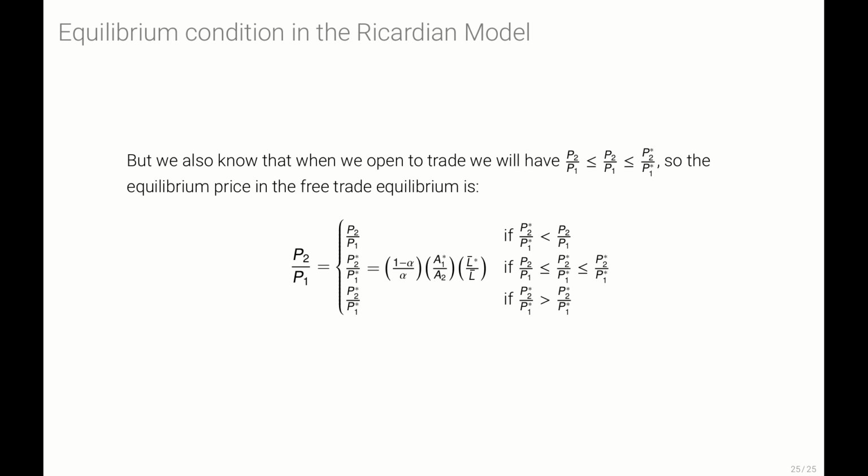Okay, and that should be what we have on the slides, and it looks like it is. But recall that I said this is only going to hold if we know that both countries are fully specializing.